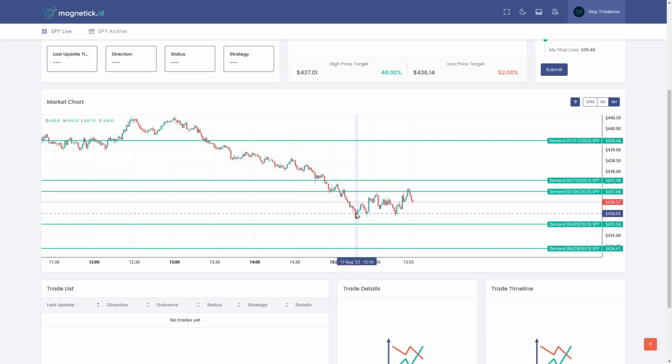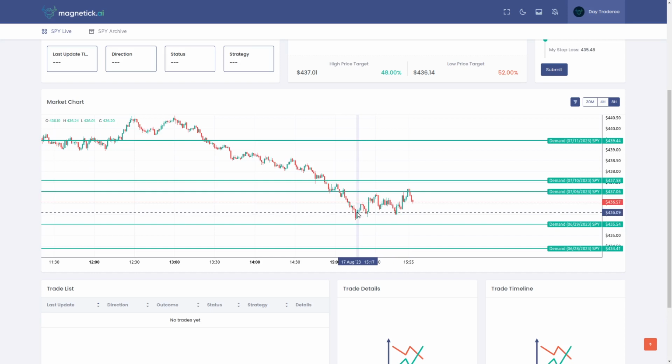As you can see, either entering here or here, you could see that the price reacted to this level, and a natural price target, take profit target, was this prior demand now becoming a resistance.